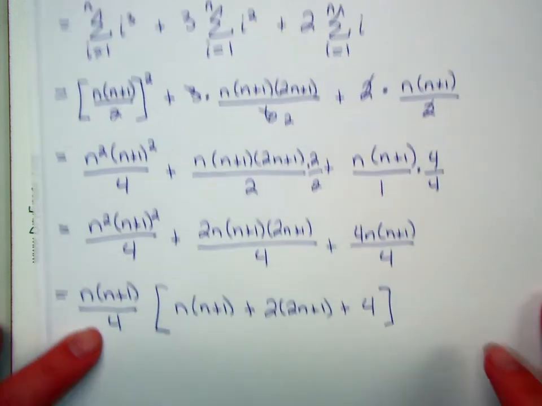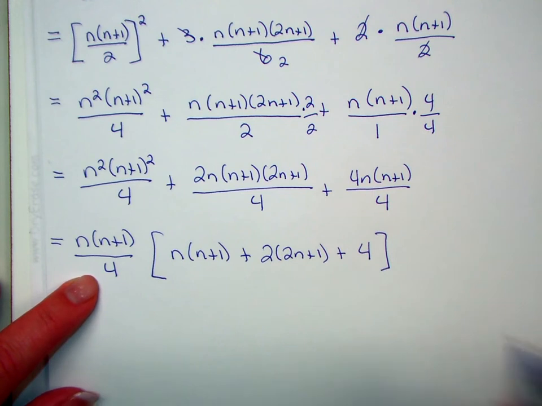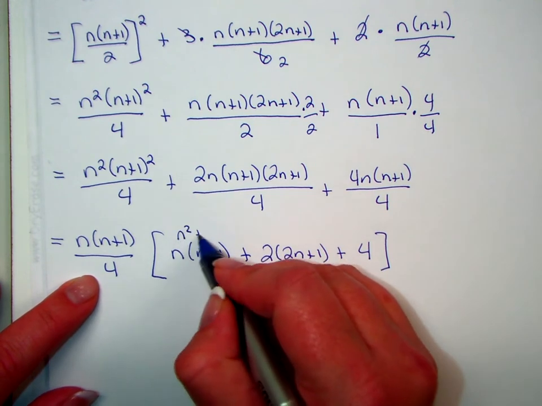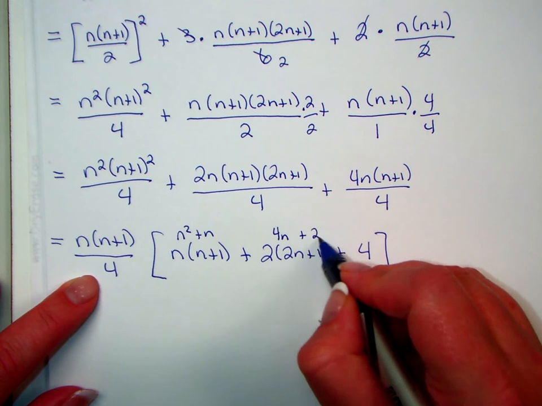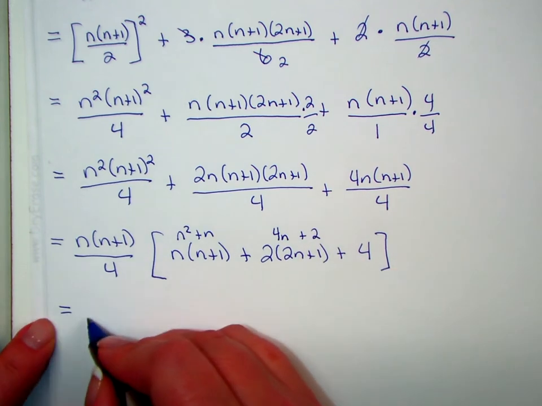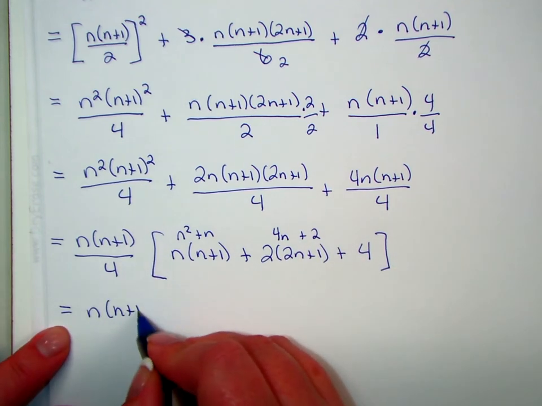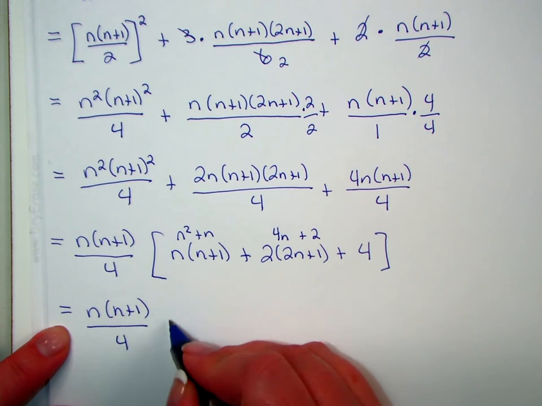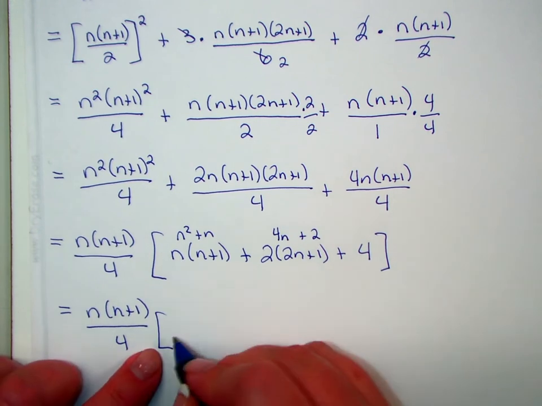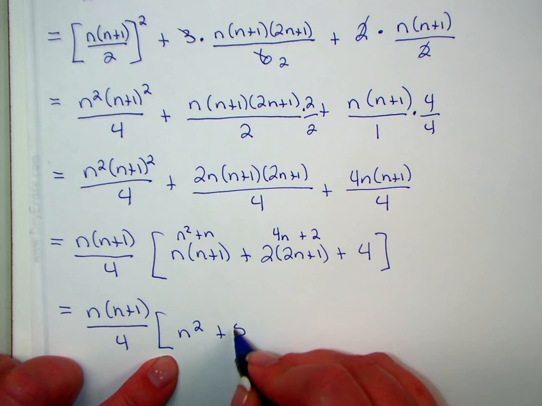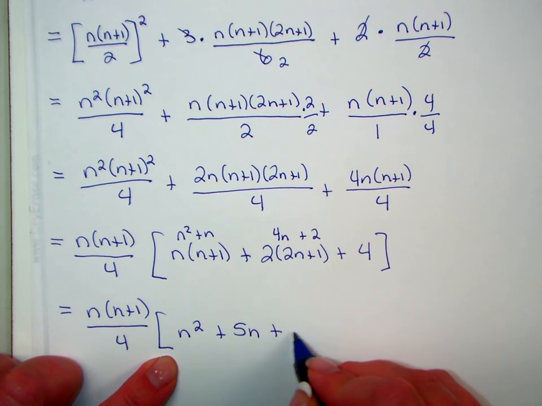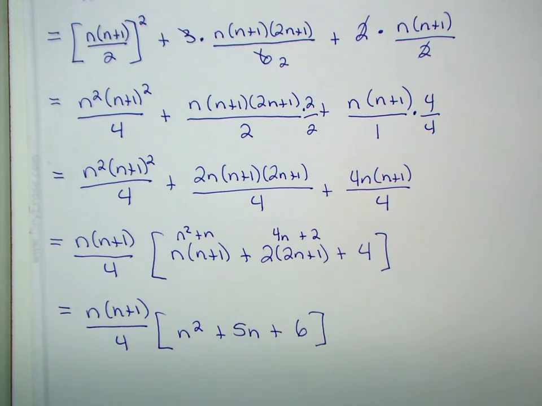Okay. So let's simplify inside the parentheses here. This is n squared and n. This is 4n plus 2 plus 4. So I'm going to get n times n plus 1 over 4 times n squared plus 5n plus 6.